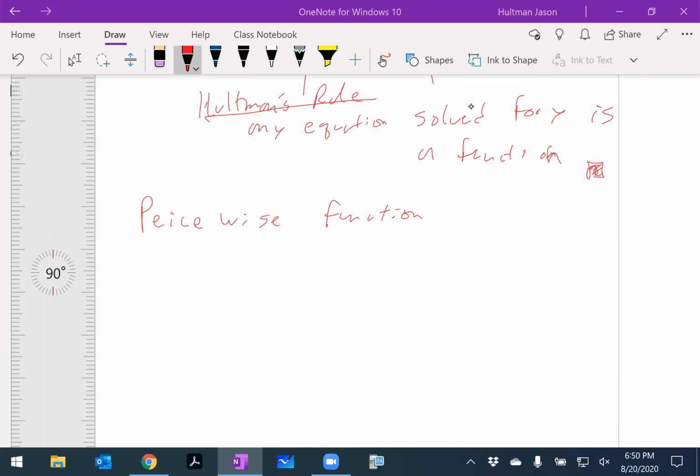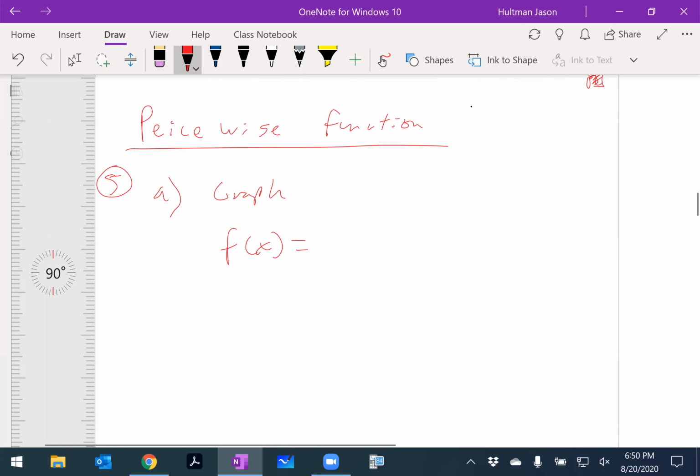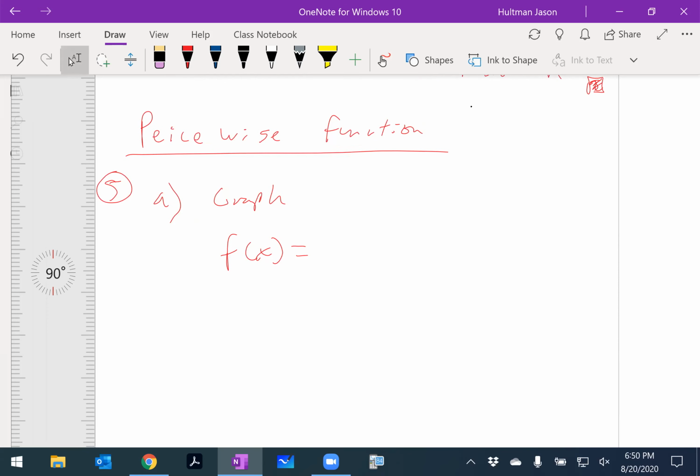Okay, perfect. So piecewise function. We'll look at A here, number 5. We want to graph these guys. Graph this function here, f of x is equal to 4 for x less than or equal to 0.